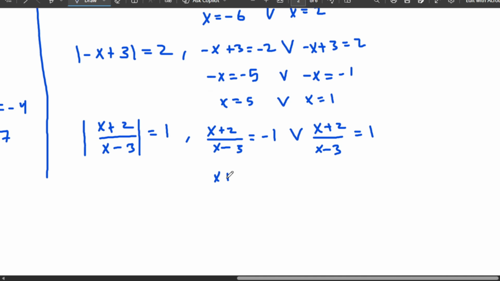So we cross multiply. x plus 2 equals negative of x minus 3, or x plus 2 equals x minus 3.